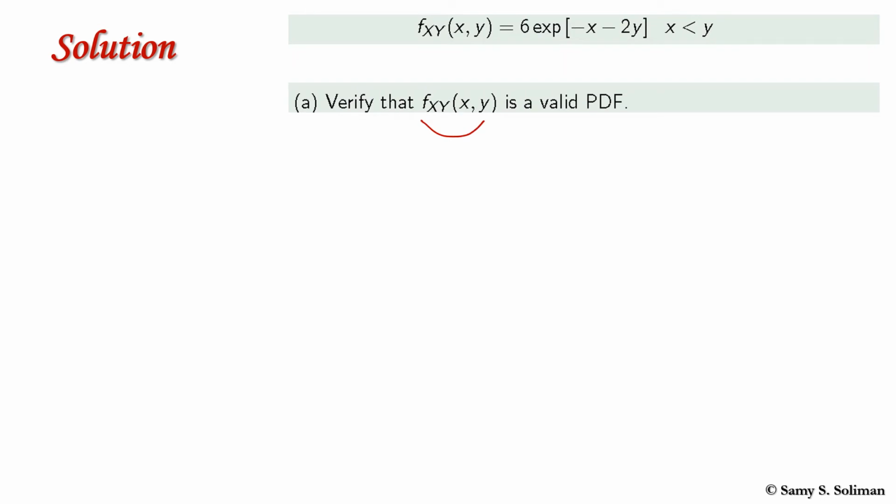And again, in order to verify this PDF, we need to calculate the double integral of the joint distribution, and this integral is over all the range of x and y, and in order to validate this PDF, the result should be equal to 1.